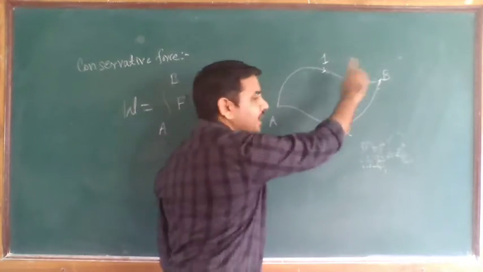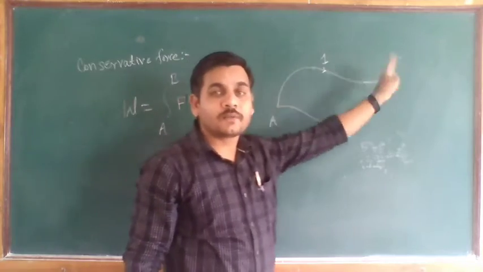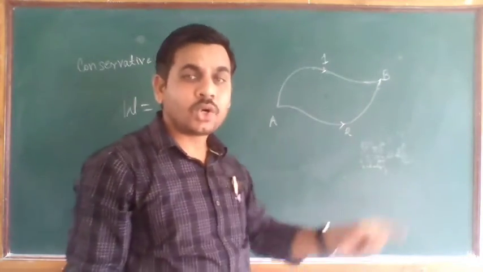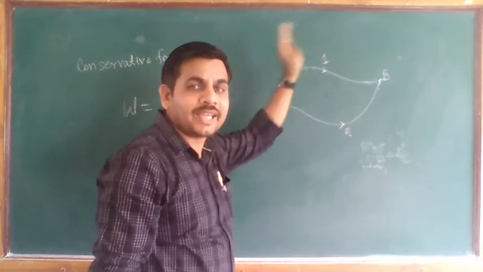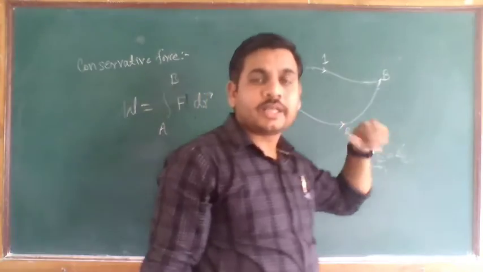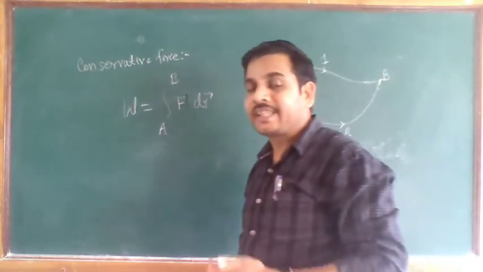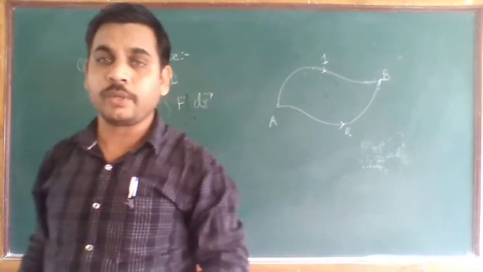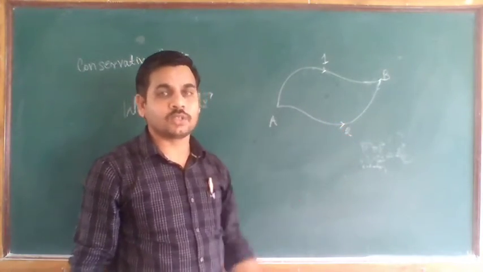It may be a straight line or any other curved line. If this object is moving along path 1, path 2, path 3, path n, and the work done depends on the path, then we can say that the force is non-conservative.